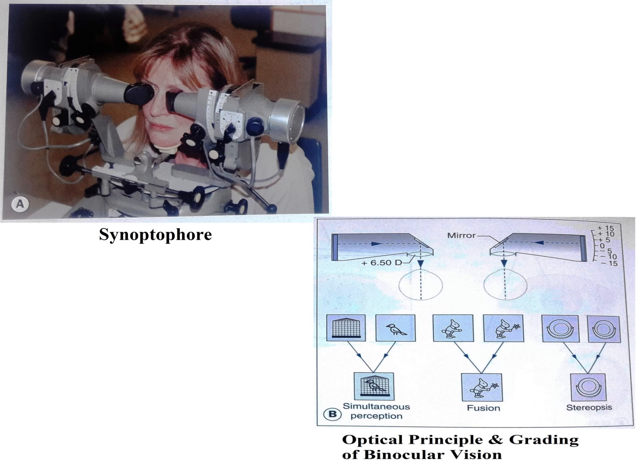If the individual has fusion, he will see a single rabbit having a tail and a bunch of flowers in his hand. That is the second grade of binocular single vision. And the third grade is stereopsis, in which one can appreciate depth perception. Next slide, please.